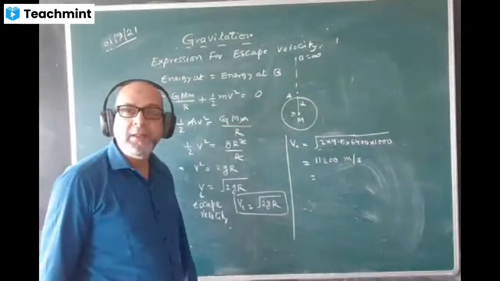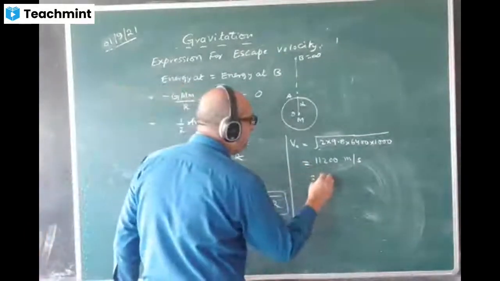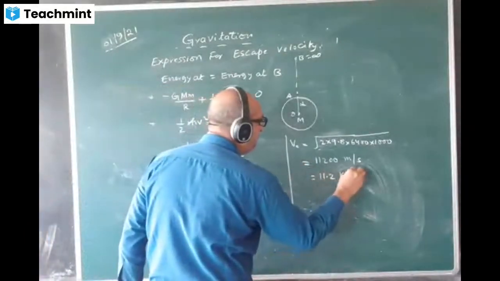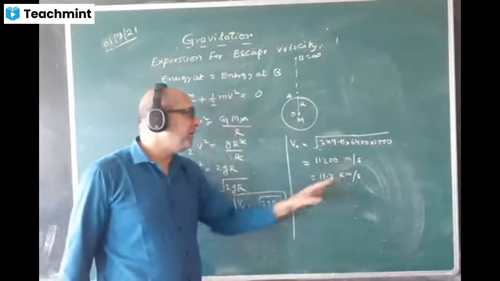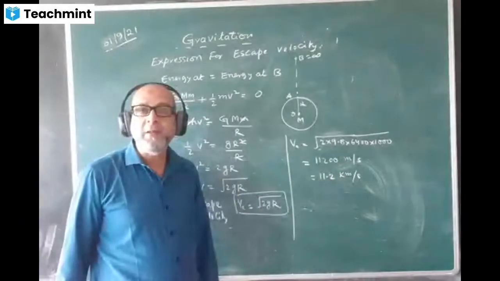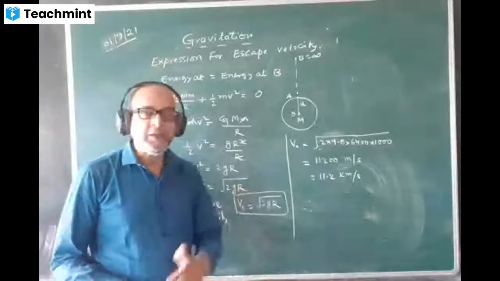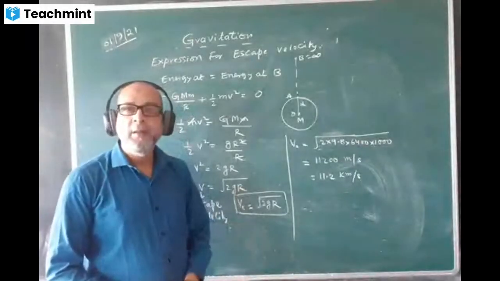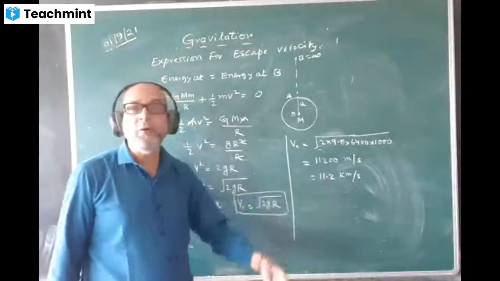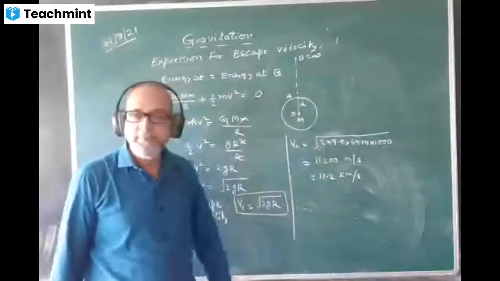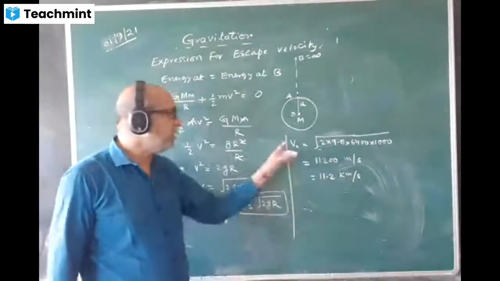How do we change into kilometers? Divide by 1000. The answer becomes 11.2 kilometers per second. The time unit we are keeping the same, only meters we are changing into kilometers. This is the value of escape velocity for the surface of the Earth. That means if a body is given this much velocity, it is sure not to return back. So this is called escape velocity.